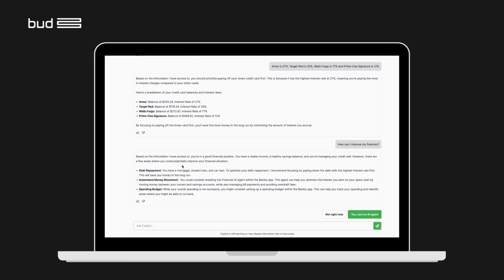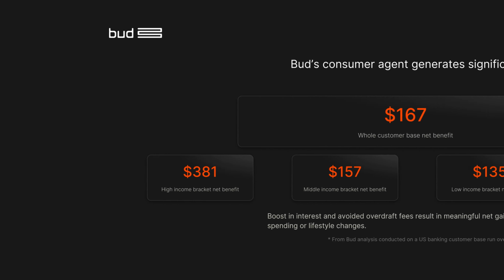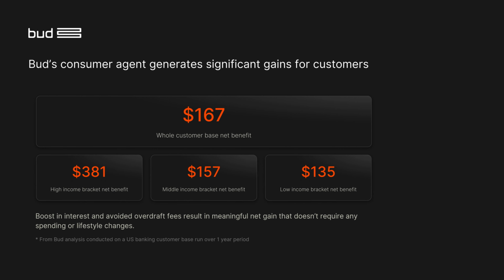And even in its initial form, it can already generate considerable returns. What happens when the consumer agent is activated can be easily quantified. It takes a set of objectives and leverages its understanding of personal finances to achieve those. In this case, we are looking at avoiding overdraft fees while maximising the return from interest and making sure that all financial obligations are met.